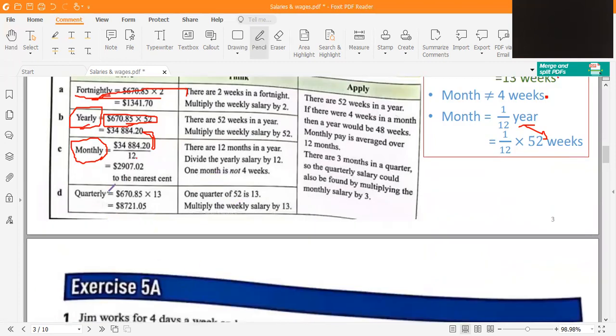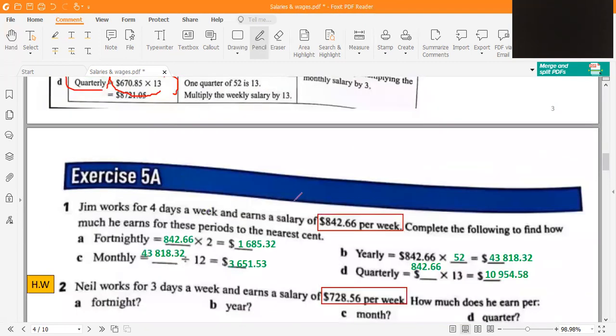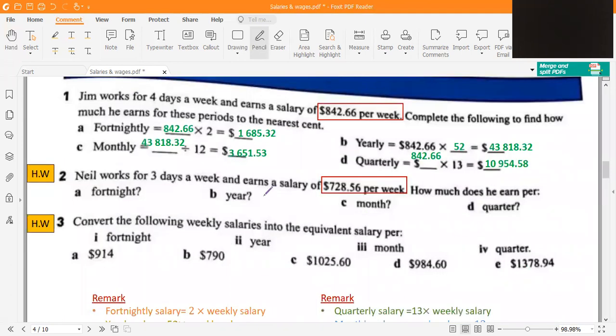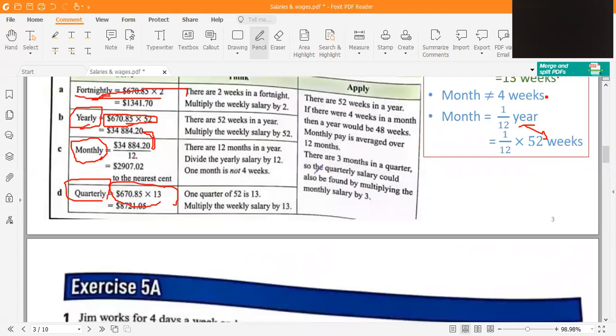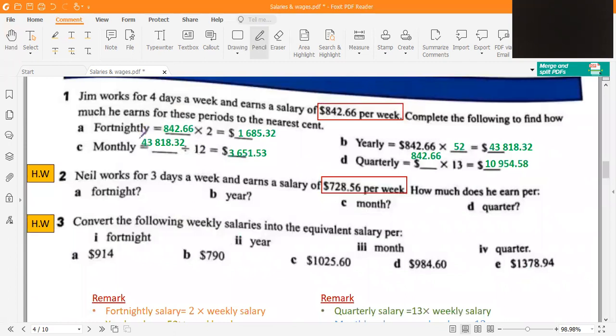For the quarterly salary, we can use the yearly salary divided by 4, or multiply the weekly salary by 13, because in a quarter we have 13 weeks. Very easy, and we can apply these rules in the following exercises.